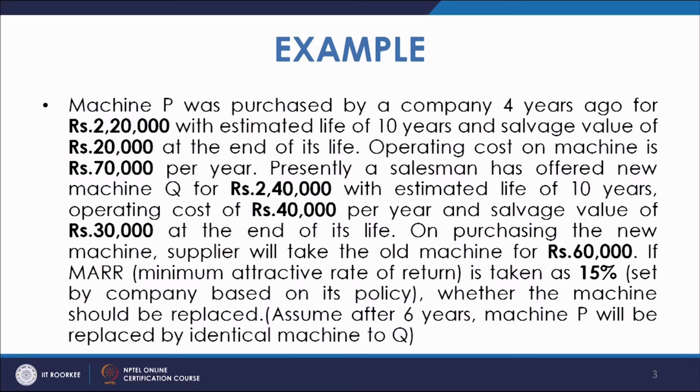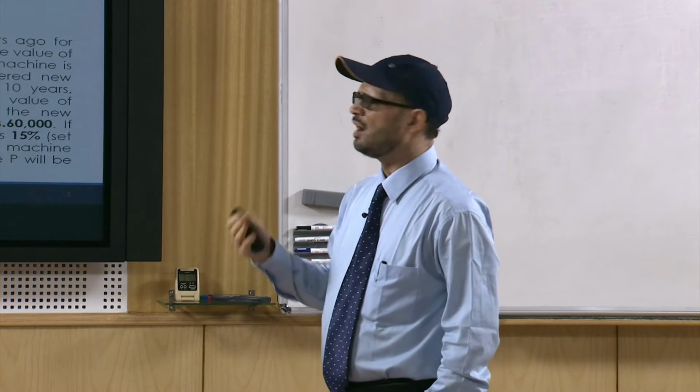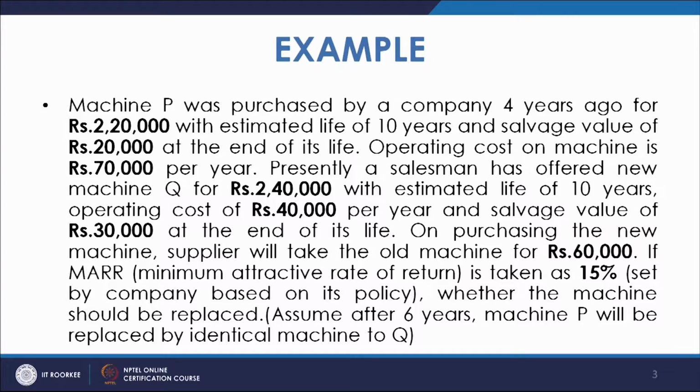The salvage value of the new machine is fixed as rupees 30,000 at the end of its life. So its life is 10 years, and after 10 years from now its value will be rupees 30,000. On purchasing the new machine, the supplier will take the old machine for rupees 60,000. Here comes the outsider's viewpoint.